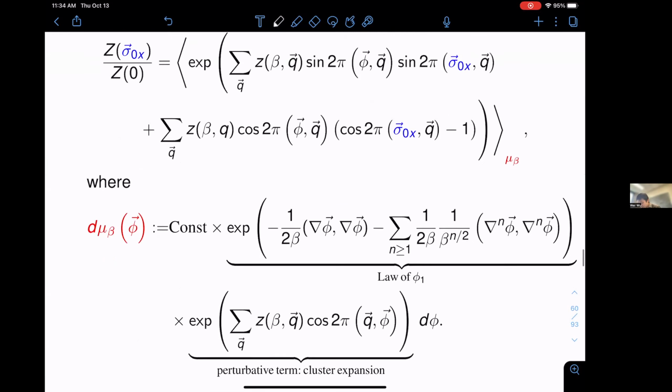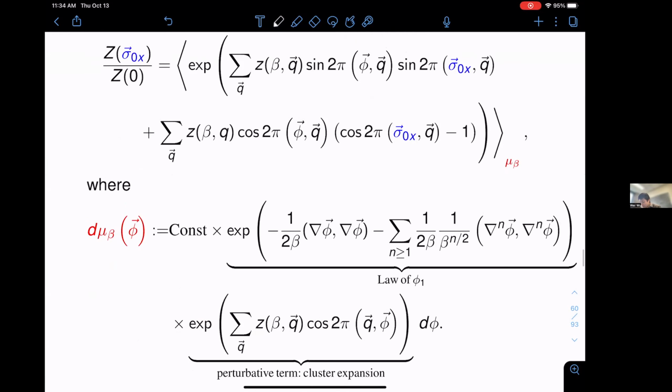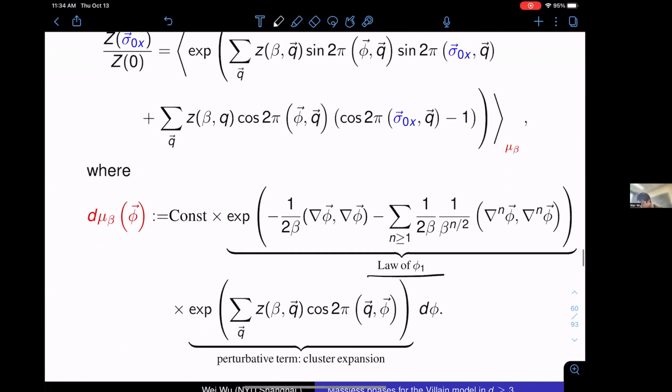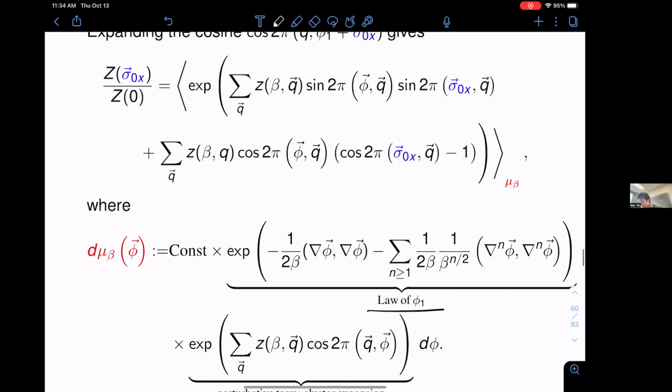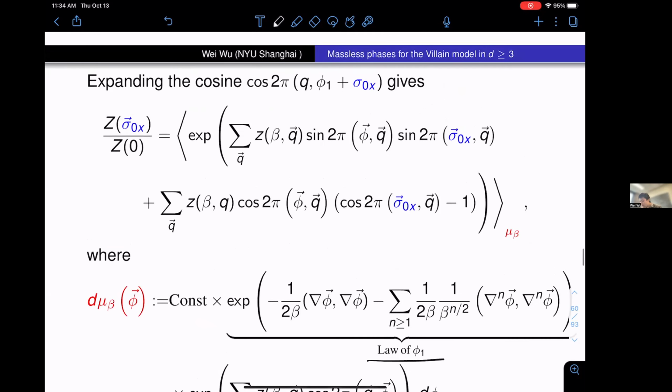So basically, the measure changes from the non-local Gaussian measure, which is the phi1 measure here, to the measure which also adds all these perturbation terms. So this is your measure. And on top of the measure, you want to understand these functionals, a lot of sines and cosines.